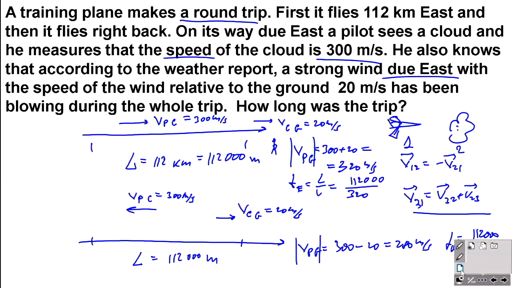If you want to use numbers, I would suggest using components. It's more accurate and less risk of making a mistake. So this is vector number 1.